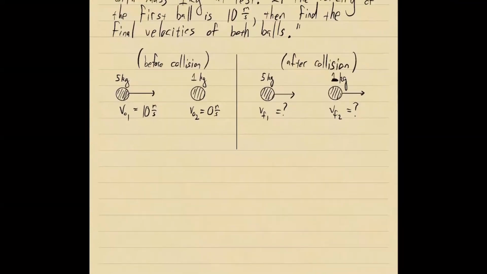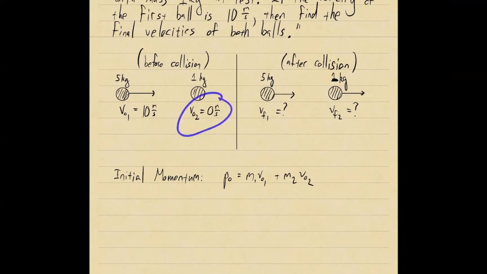So let's look at the initial momentum for our system. Right before the collision, the initial momentum of our system is the mass of the first ball times the initial velocity of the first ball, plus the mass of the second ball times the initial velocity of the second ball.